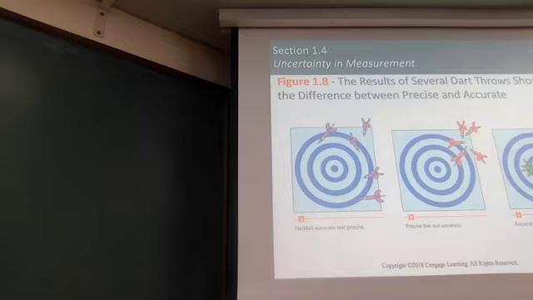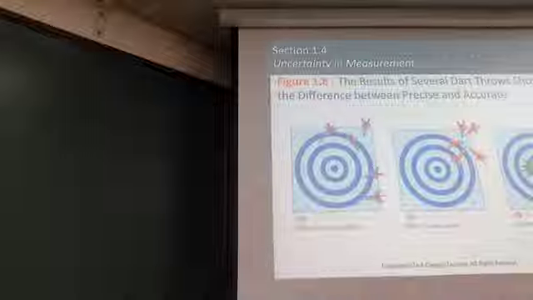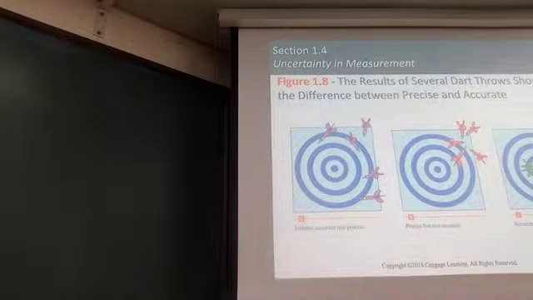For figure B, this one is precise because all the darts land at the same point. But it would probably mean that you have some problem with your eyesight. You are a very good dart player, but you probably don't have that good eyes, if you can throw the darts like that, right?